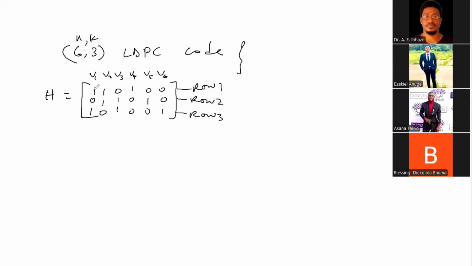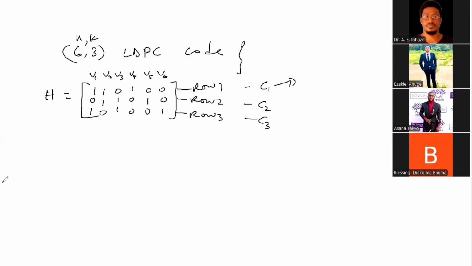For row 1 we have 1, 1, 0, 1, 0, 0. So it means that V3 is turned off, V5 is turned off, V6 is turned off. We only have V1, V2, V4 turned on for row 1. For us to get the check nodes, we are going to have 3 check nodes, C1, C2, C3, which represent the parity check equations.